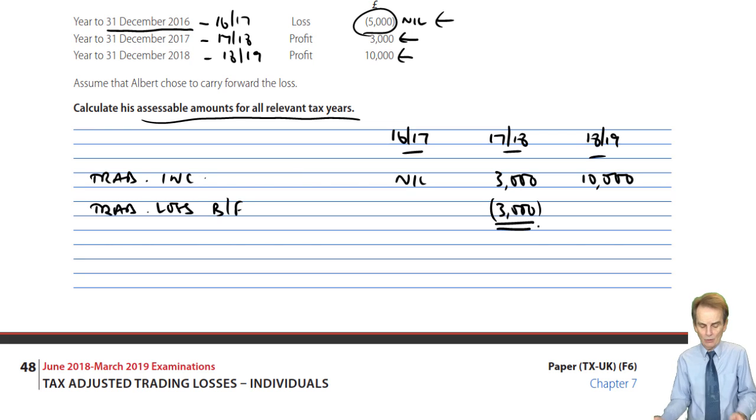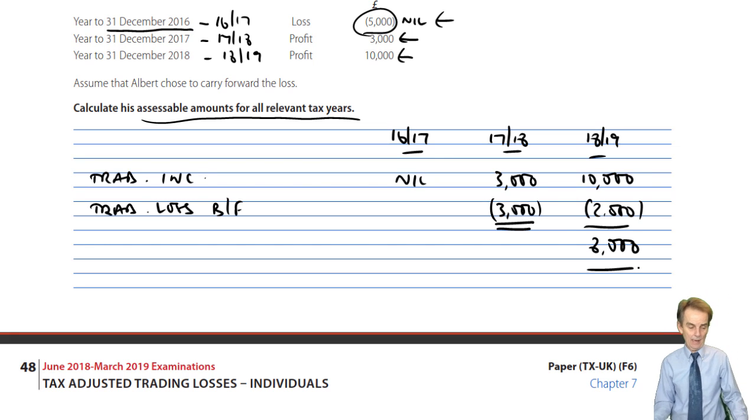This is the only source of income the taxpayer has in this problem, and therefore there will be no income, no tax to pay. Then carry forward. How much loss do we have left over? We sustained a loss of 5,000. We've used 3, so there's 2,000 there to use, bringing that down to 8,000.